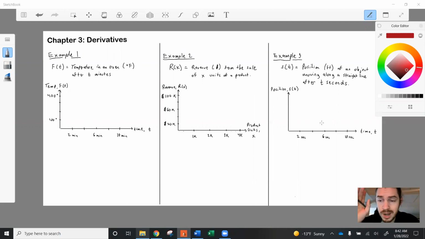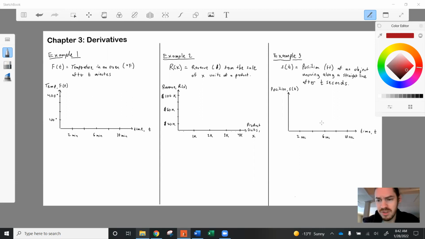Example 1, we're going to have a function which tells us the temperature on the inside of an oven after some number of minutes. Okay, so temperature as a function of minutes. In example 2, we're going to look at a business application. It's revenue, which remember is like the money you take in before you subtract costs.